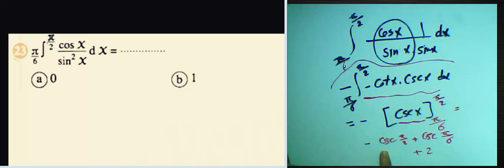Cosec pi over 2, what is it? Pi over 2 is 90, the inverse of sine 90, which equals 1, and we have negative outside, so it will be negative 1 plus 2 equals 1, so the result will be equal 1.